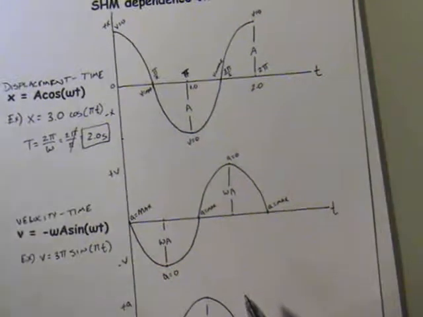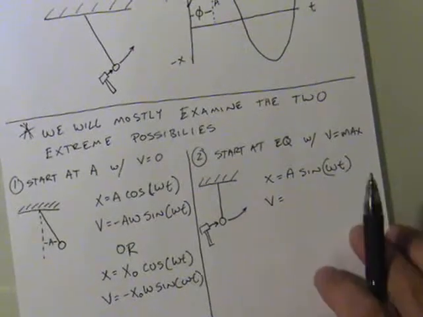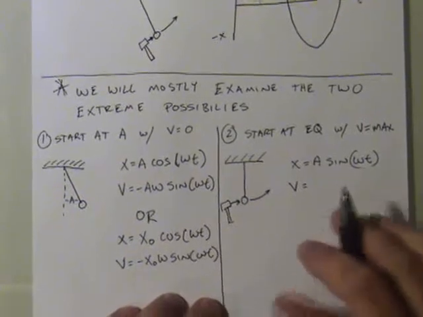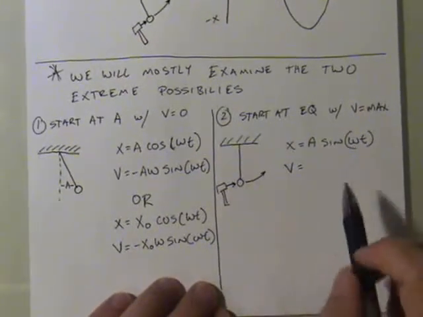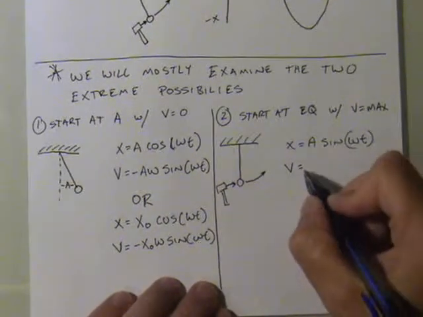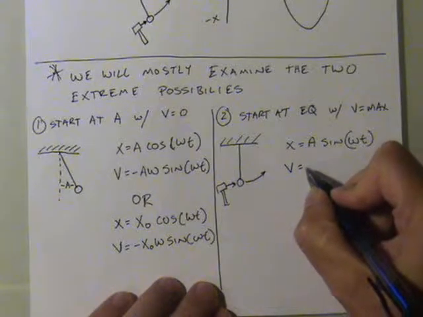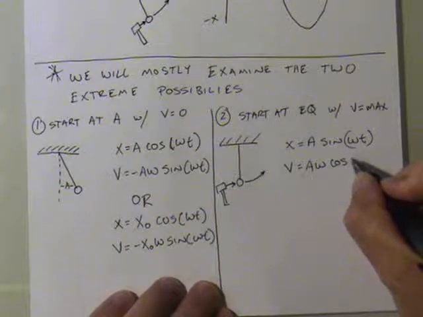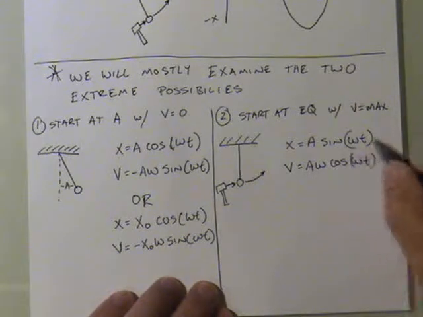So this velocity thing is a little tricky in the situation where we're flipping the trig functions from cosine to sine. In this case, there would be no negative. So we would have a omega cosine omega t.